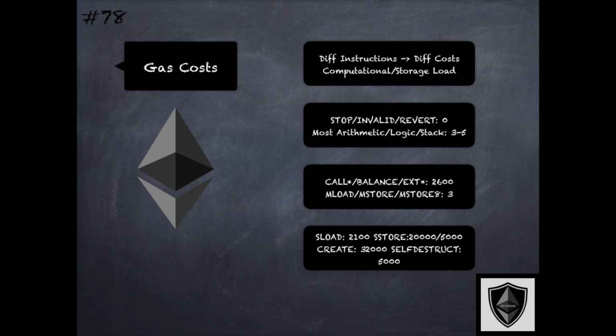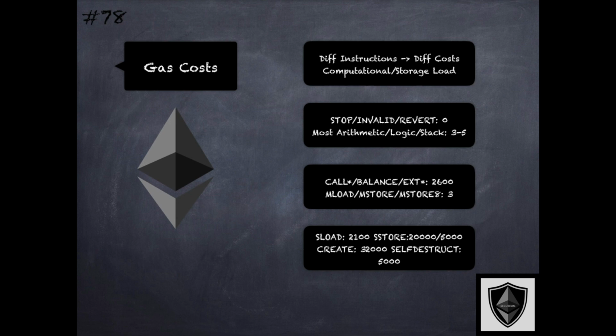the disk or the persistent state within the physical machine of that Ethereum node, they cost much more than the memory instructions. So sload costs 2100 gas and sstore costs 20,000 gas units to set a storage slot.